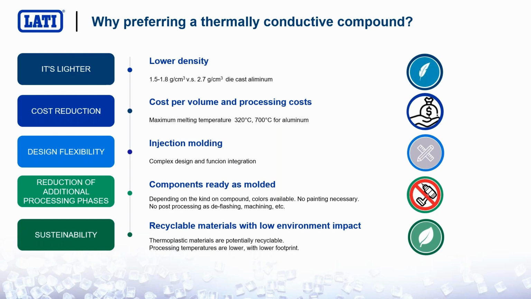Then, because these kinds of materials are injection moldable, you have wide design flexibility, and so you can integrate a function in a single component. The component is ready to be used as soon as it is extracted from the mold. Depending on the class of compound, you may have colorable versions, so you may not need to paint it at all.